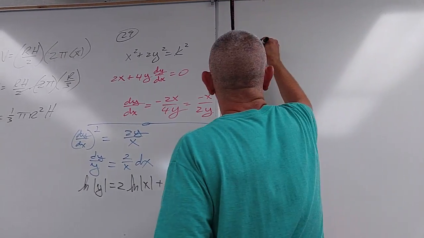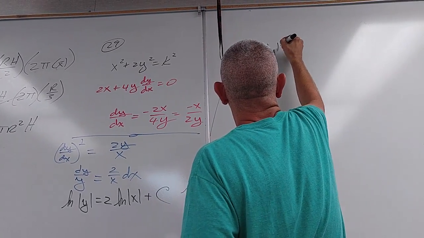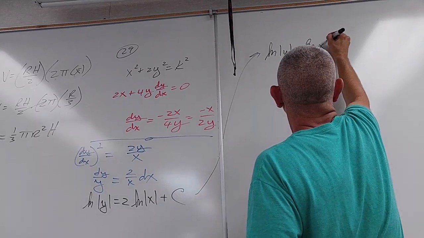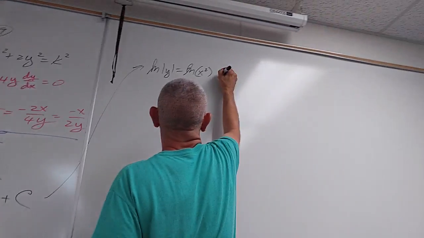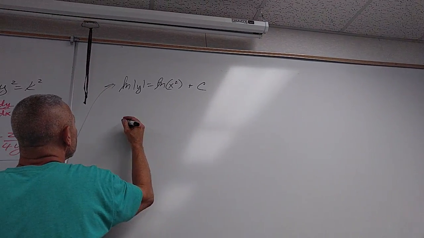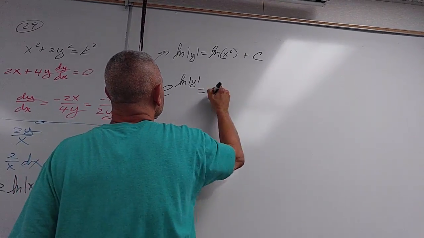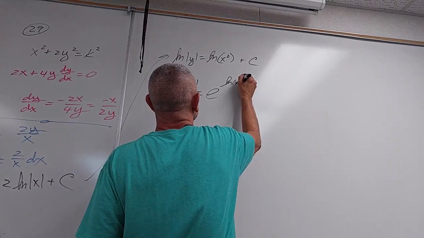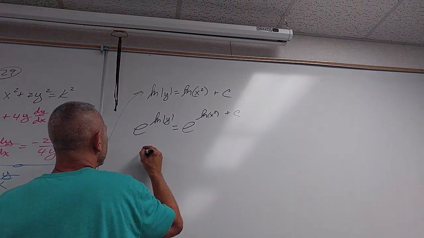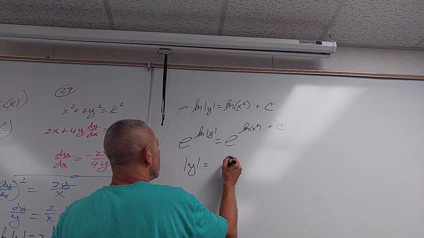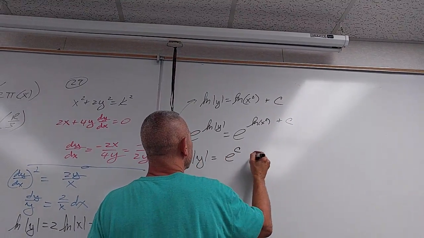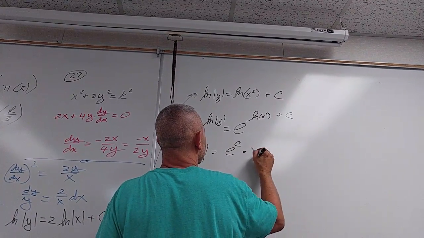And we can say ln absolute value y equals ln x squared and get rid of the absolute values. So e to the ln absolute value y equals e to the ln x squared plus c. So absolute value y equals e to the c times x squared.